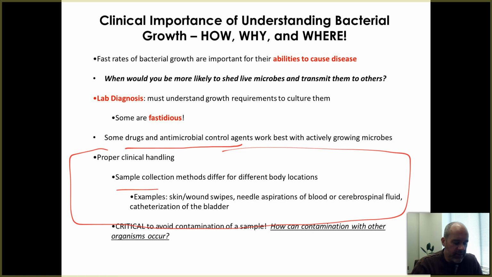That's very important as a healthcare worker when you're collecting samples. And we always emphasize aseptic technique. A sample is no good anymore if you've contaminated it with your own skin bacteria, or you're collecting a blood sample and you contaminate the sample with bacteria from the patient's skin. You have to be aware of where microbes grow in the body as well. Very important from a clinical standpoint.